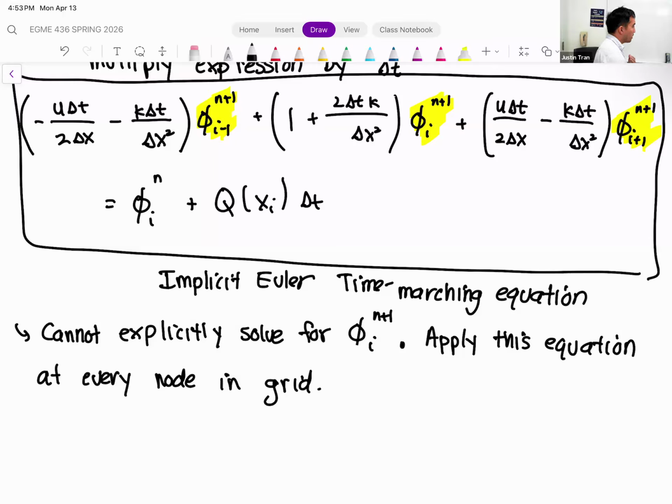By doing so, and just like the previous examples, you're going to have boundary conditions as well, and you'll end up with enough equations to solve for the unknowns.